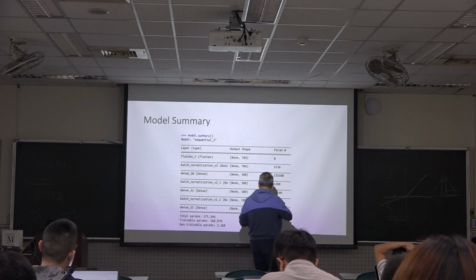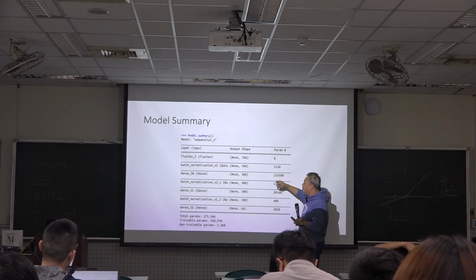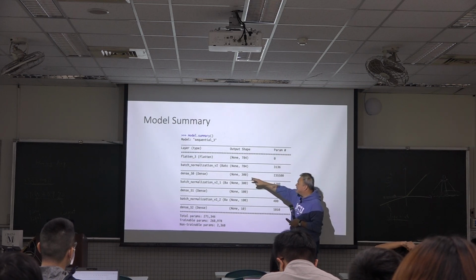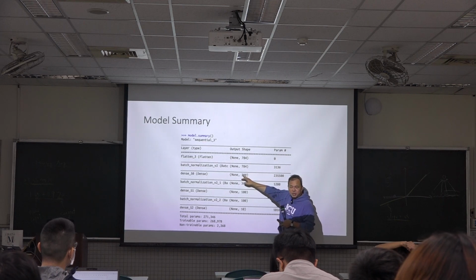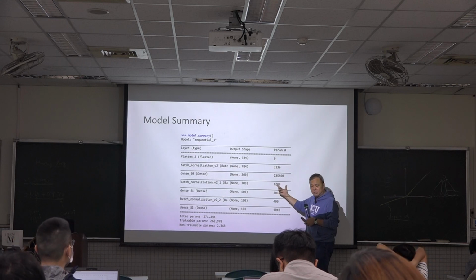I think that's probably easier. For each neuron, we have 4 additional parameters in the batch normalization. The previous layer has 300 neurons, right? So 300 times 4, we have 1,200.